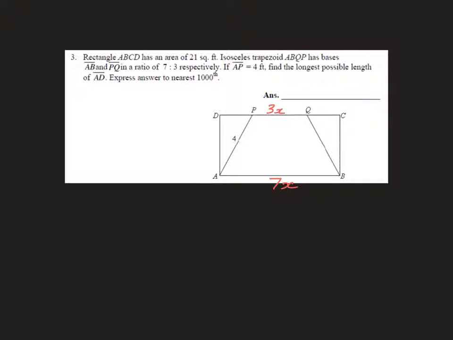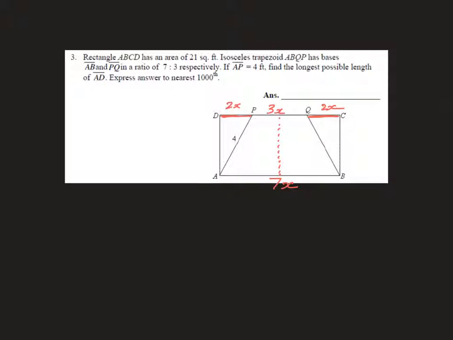Also, since this is an isosceles trapezoid, it's symmetrical, meaning these two lengths are the same. And they have to be 2x each, because all these lengths have to add up to 7x. So that makes sense. 2x plus 3x plus 2x is 7x.